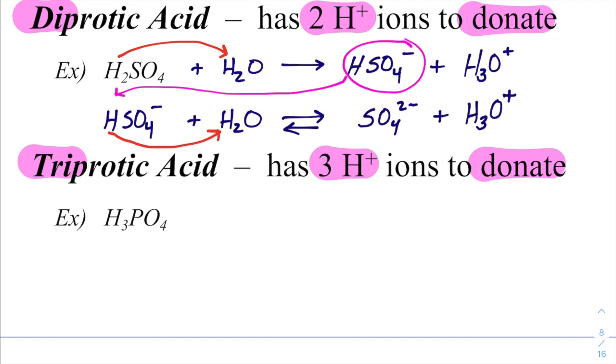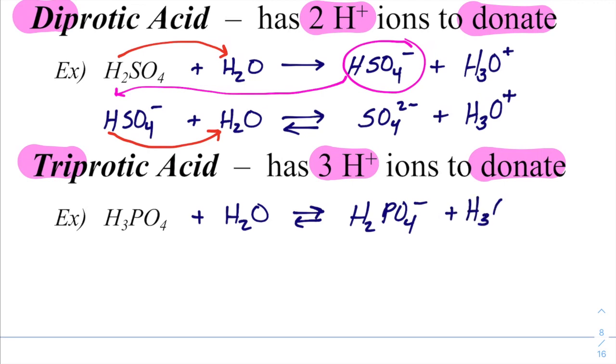Okay, moving on. The triprotic, I'm going to go through this a little faster, but it's going to do the exact same thing, but it's just going to do it 3 times. Okay, so when this happens, you get H2PO4 minus, and you get H3O plus.